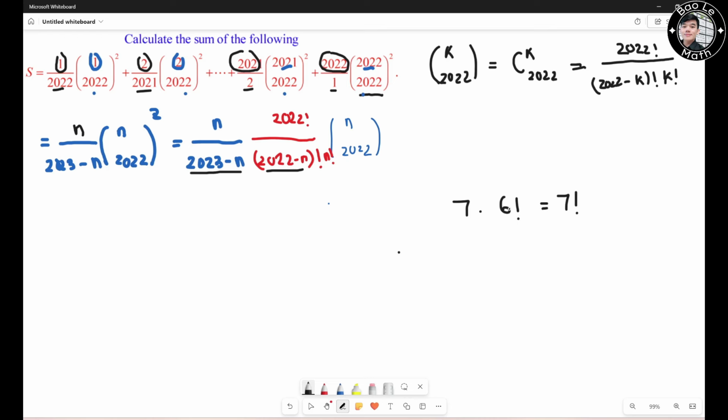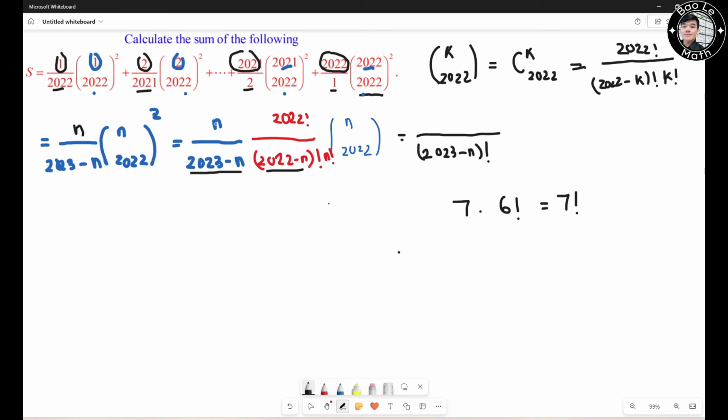So I combine, and it's going to be (2023 minus n) factorial.